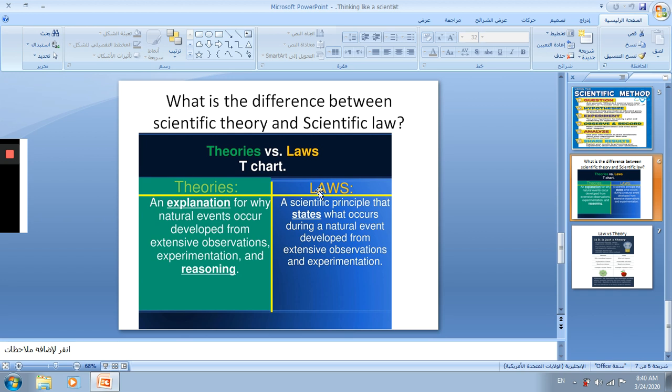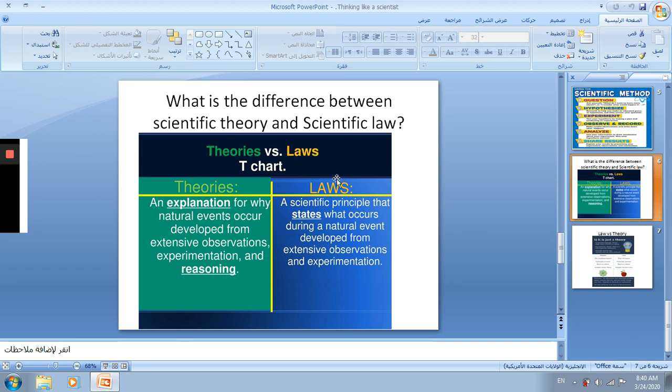And a scientific law is a statement that describes what scientists expect. So here we have expectations in laws, and explanation for a wide range of observation for theories. And for laws, we have expectations every time under a particular set of conditions.